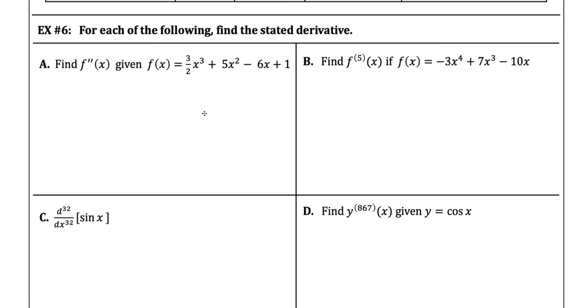But once you start doing the quotient and product rules, just think of the answers you get from those. Then you're going to have to take the derivatives of those. And it gets really messy. And so that's why learning how to simplify your answers helps you out a lot, because otherwise your multiple derivatives are horrible. But we're not going to get there yet. We're going to work our way into that. So f prime of x would be my first derivative.